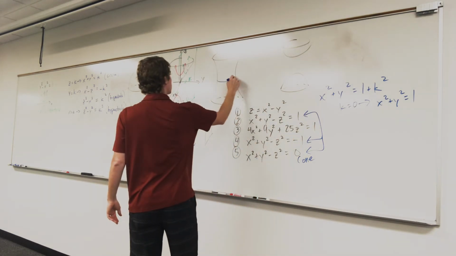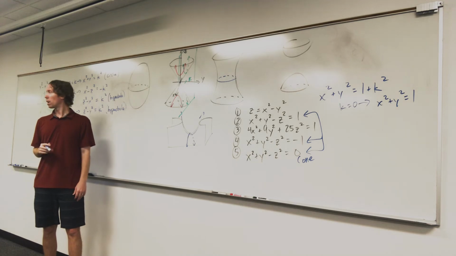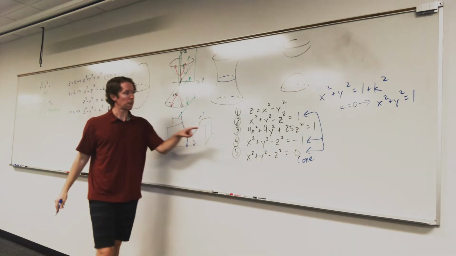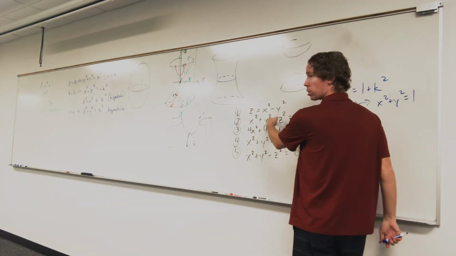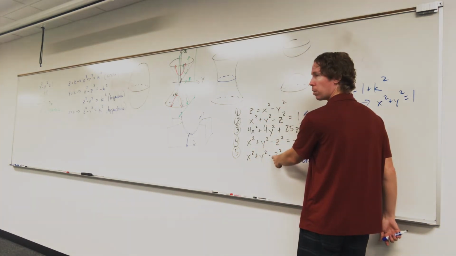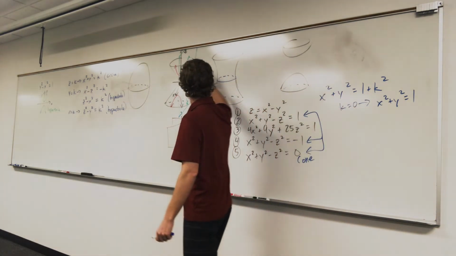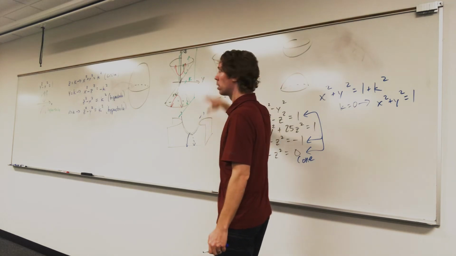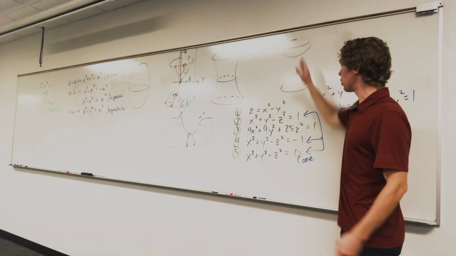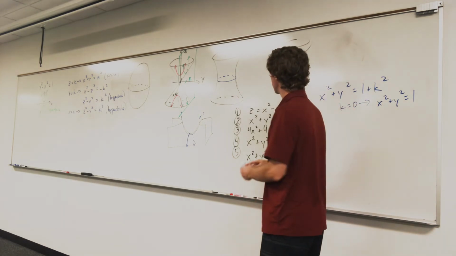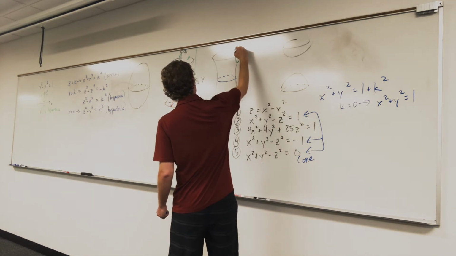That's happening here. And the hyperbolas, if you take the traces with x equals k or y equals k, you're still getting the same hyperbolas that you got in number 5. So these hyperbolas that you're getting here are still here and here. Same thing for this shape. You're still getting hyperbolas if you cut it with an x equals k or y equals k. So I'm thinking of hyperbolas that look like this.